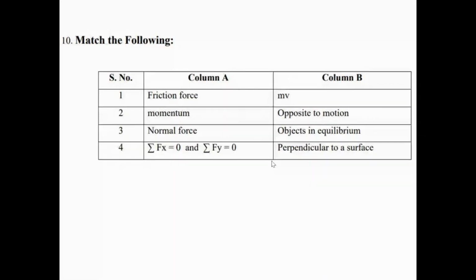Now we have to do the match the following. So please, brother, whatever you studied in the theory, you have to apply it very carefully. Friction force. What is the friction force here? Friction force is always opposite to the motion. Am I right? And the momentum formula, we know momentum is equal to mass multiplied by velocity.